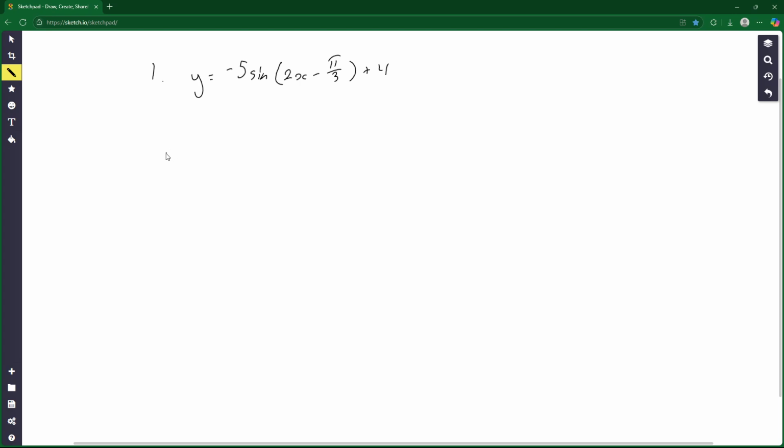And we are asked to find a, b, c, and d, as well as our amplitude, period, phase shift, I'll just abbreviate that, and our vertical shift, and I'll abbreviate that as well.